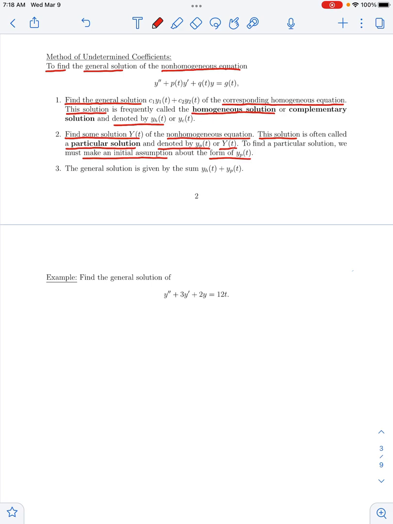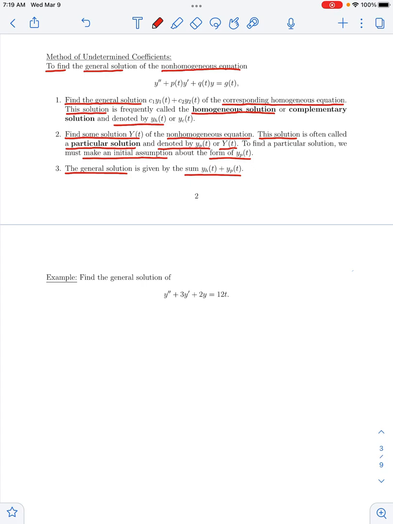So this method of undetermined coefficients requires us to make an assumption, or some initial guess, about the form of that solution. In this lecture, we'll see some examples of how to construct that form. Once we have found our homogeneous and particular solutions, the general solution of the non-homogeneous equation is the sum of the two.